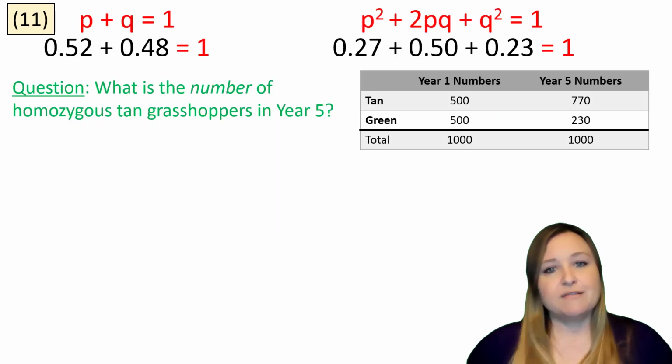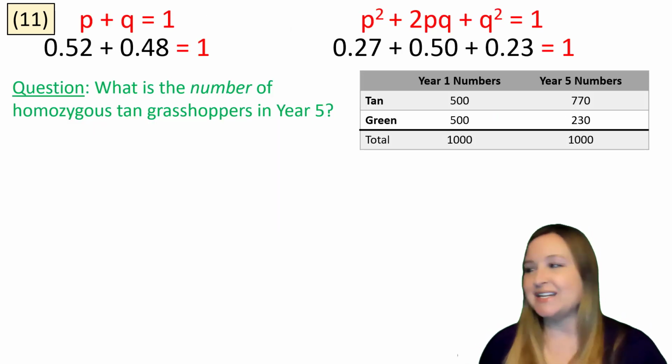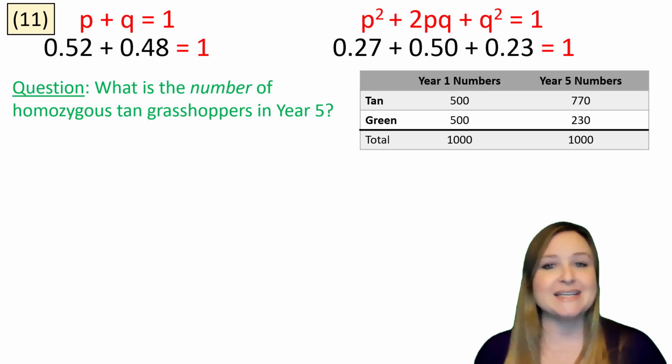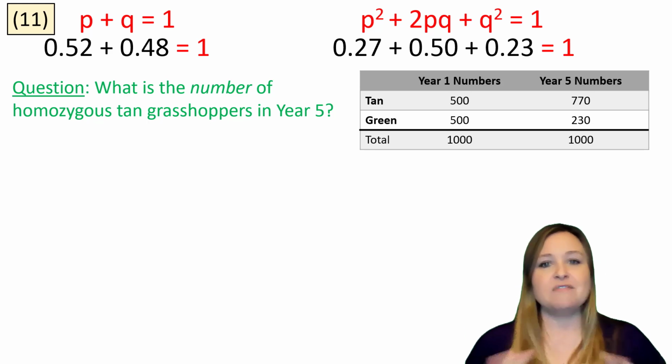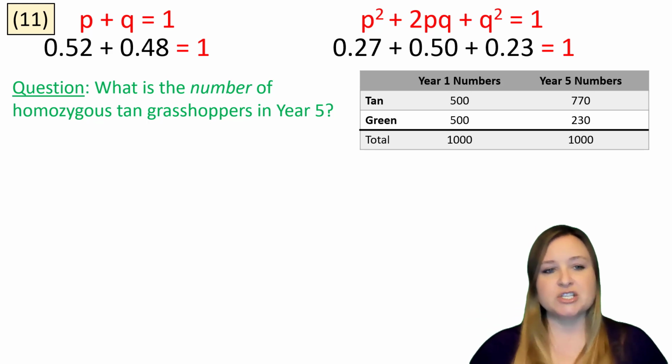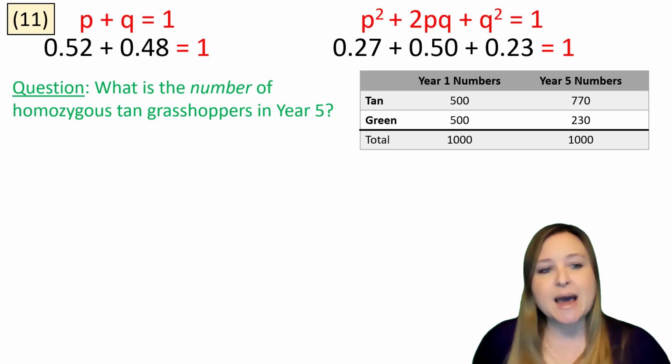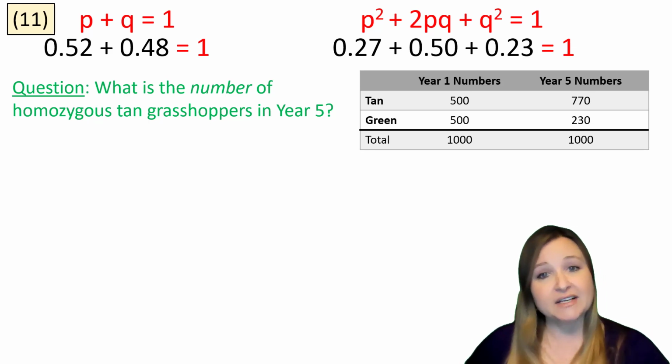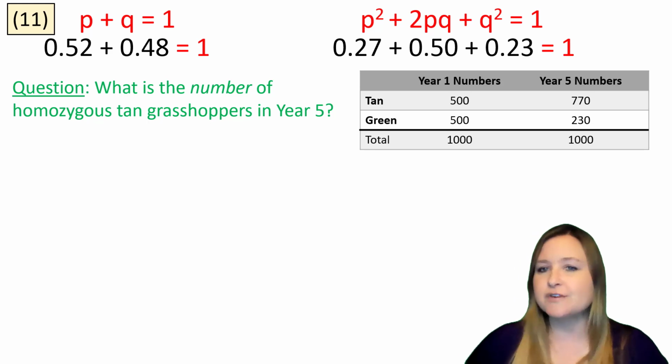Now, I want to ask one final question, because on an exam or in practice, you may see this question. We figured out all of the allele and genotype frequencies. Now the question asks, what is the number of homozygous tan grasshoppers in year 5? Number, instead of frequency now.